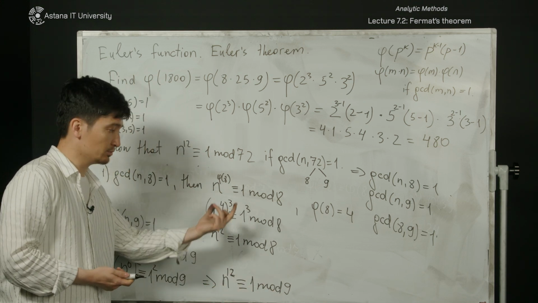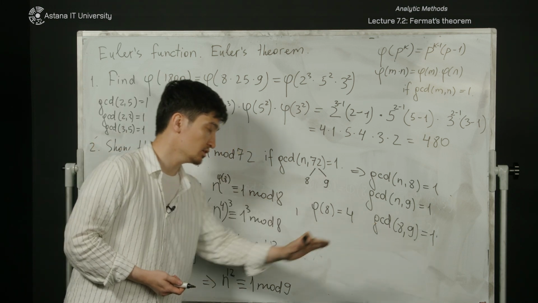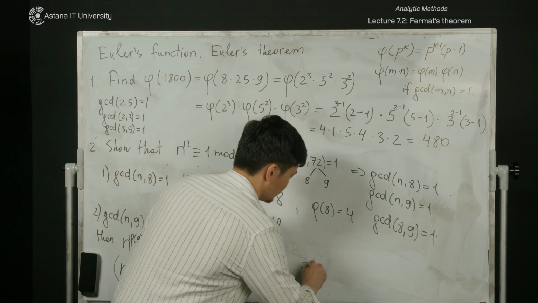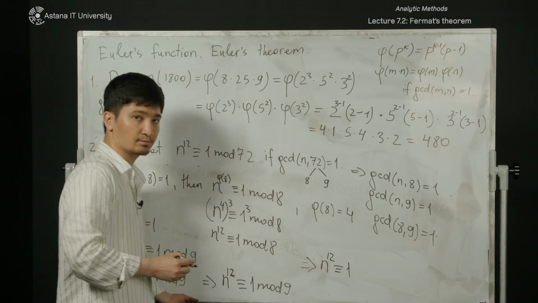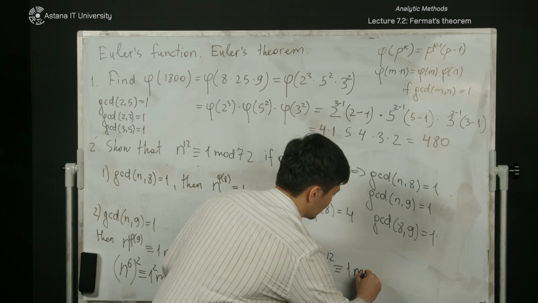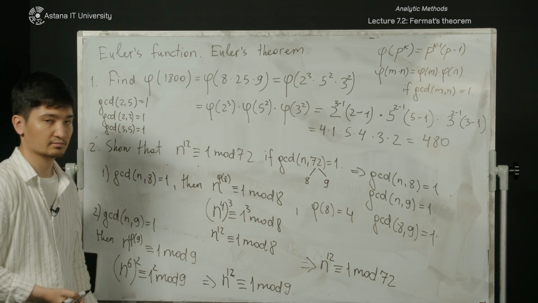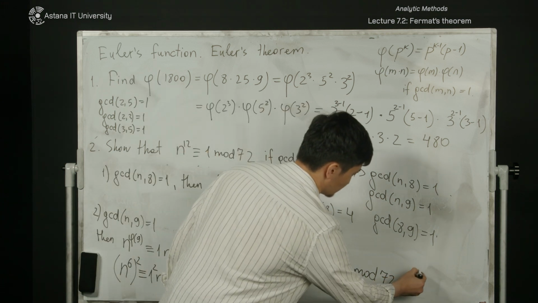So one and the same number, when divided by two different relatively prime numbers, gives me remainder 1. Then this same number, n to the power of 12, will also give me remainder 1 when divided by their product, that is mod 72. And this is the end, guys. This is how you prove it.